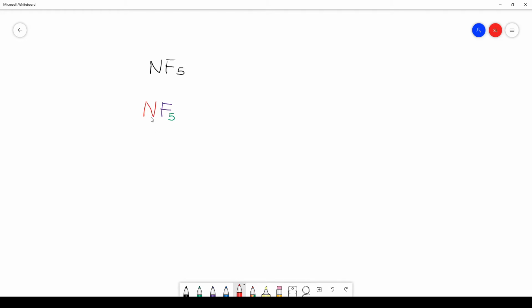The symbol for element 1 is N, so that's nitrogen. We write the full element name. Element 2 has a subscript of 5, which is penta. So our prefix 2 is penta.